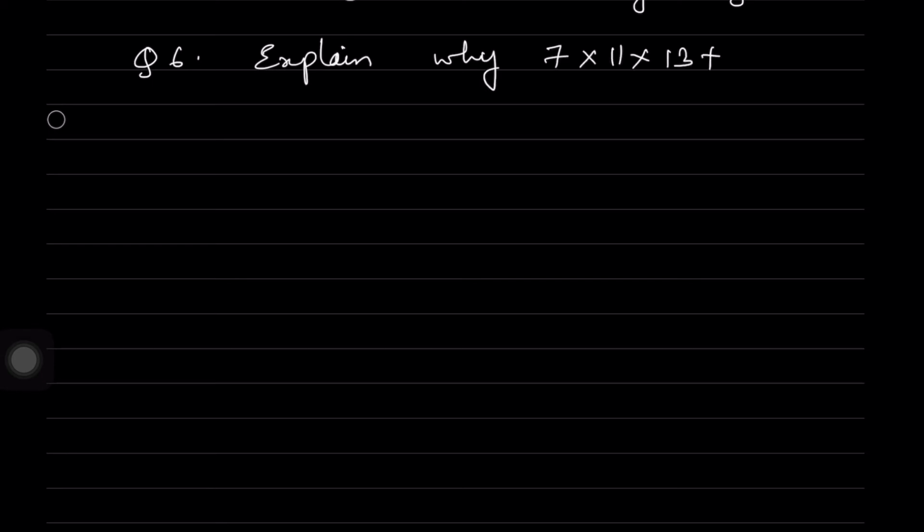Then question 6. Explain why 7 into 11 into 13 plus 13, and 7 into 6 into 5 into 4 into 3 plus 5, are composite numbers.